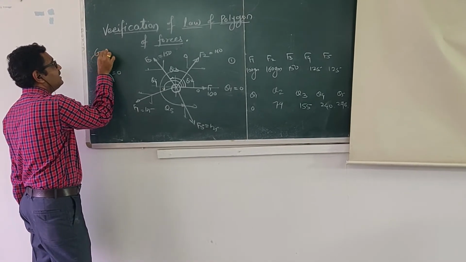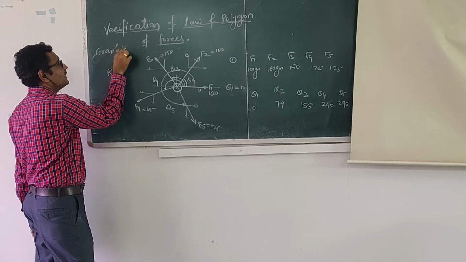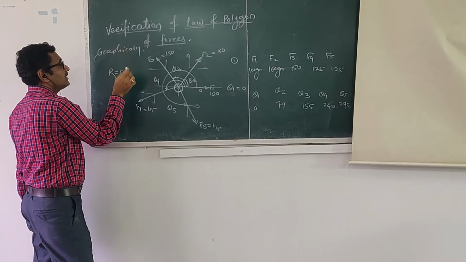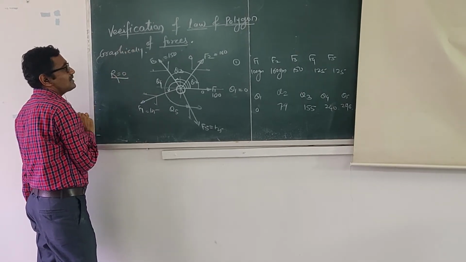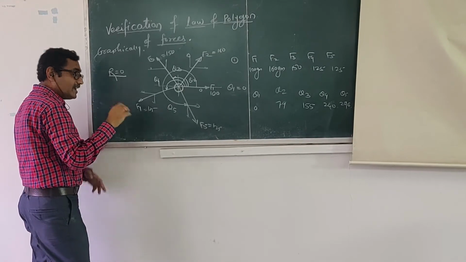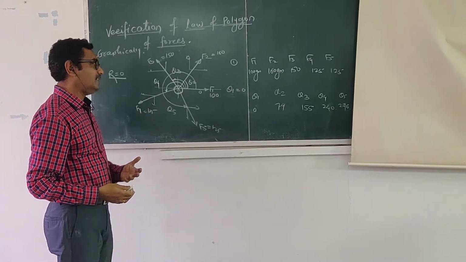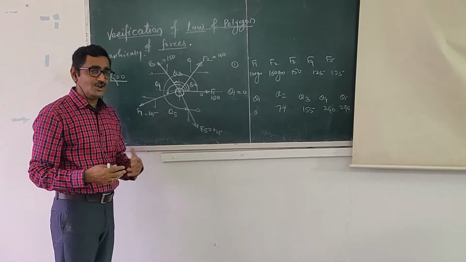Graphically the force polygon must be a closed figure, and analytically the resultant must be 0. If it is not, the polygon is not a closed figure.